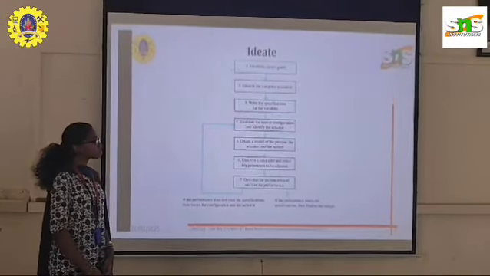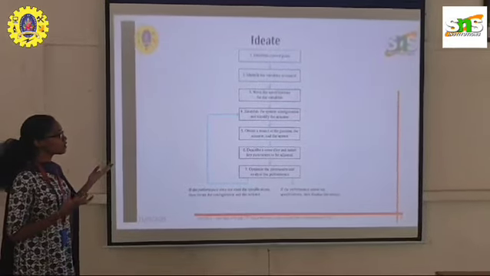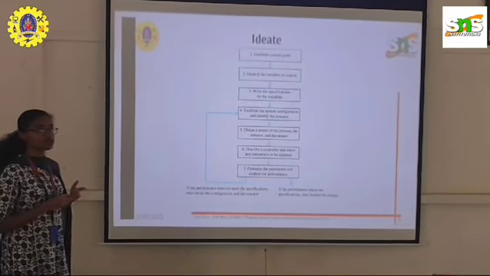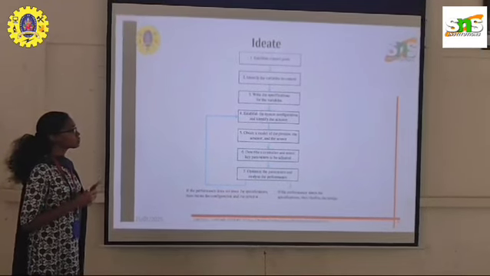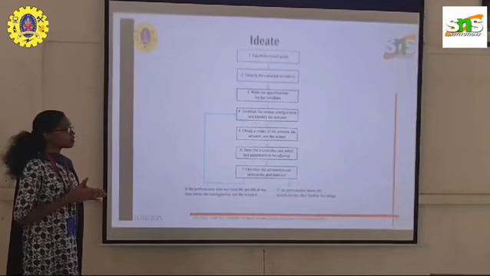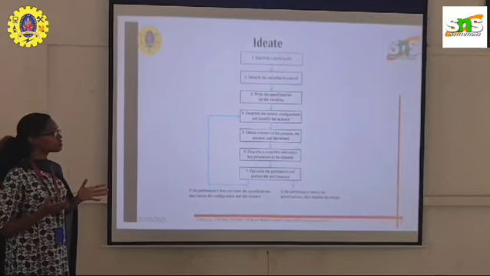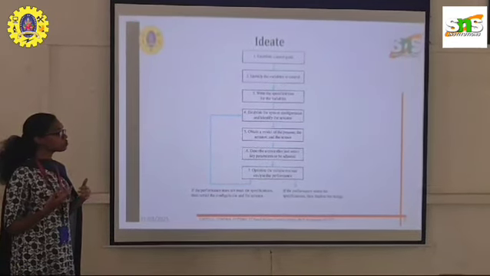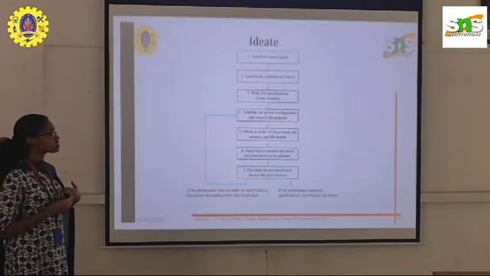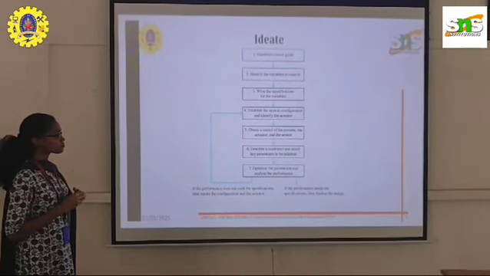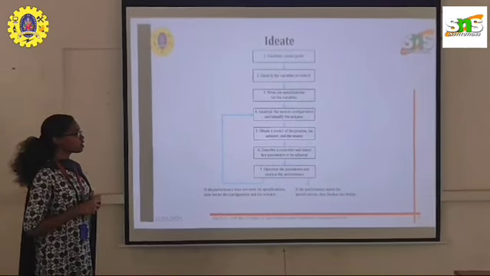In ideate we get the entire ideology of the problem statement. First we need to find the control goals. With that we need to fix the variables needed to control the entire system, and we need to find the specifications for those variables. Then we need to establish a system configuration with those variables, and in order to make the model process, we need to decide the actuators and sensors, and we use various key parameters which act as a controller to the system.